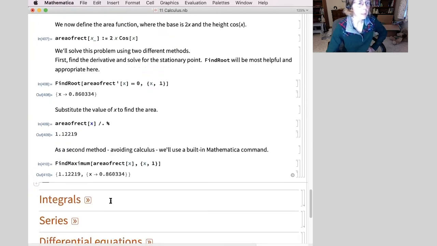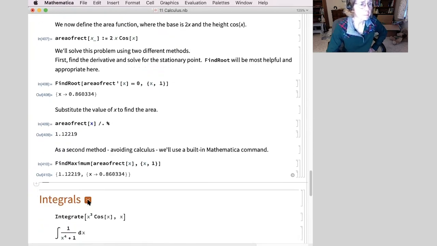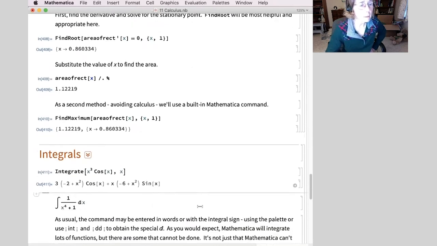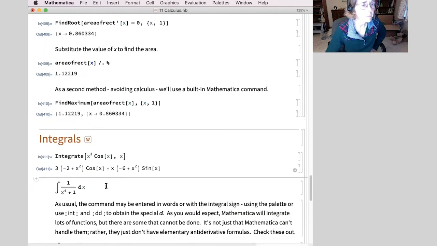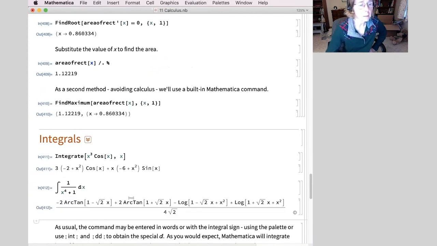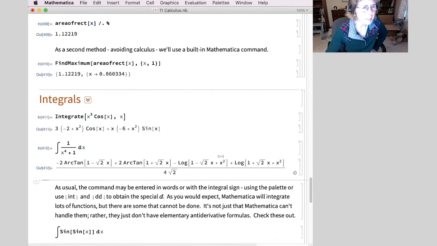All right, onward, integrals. Integrate. Here's my function, and with respect to x, and I will get the antiderivative. Some of these become much more interesting here. Some I don't really want to deal with, but that's okay. Wolfram Language can handle a lot of these.